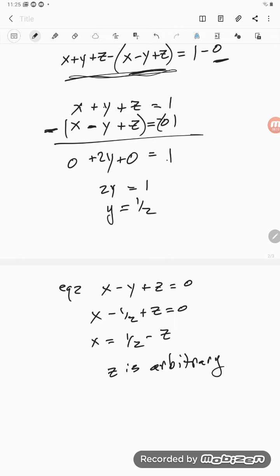And so again, we have infinitely many solutions.